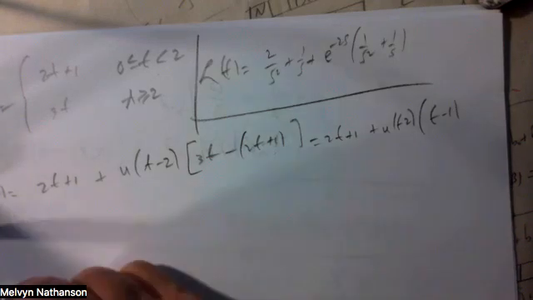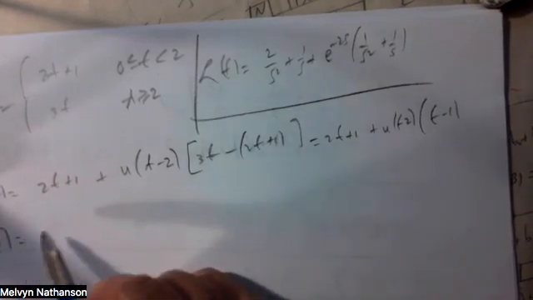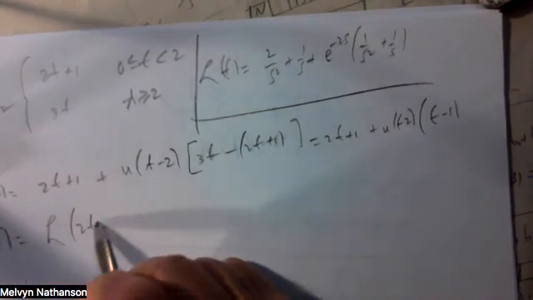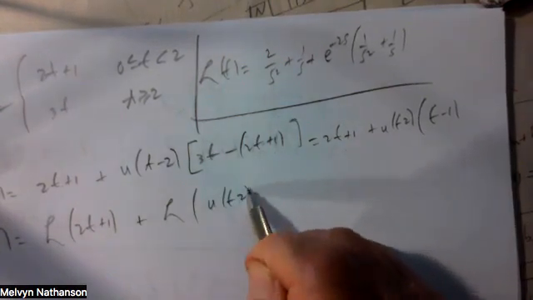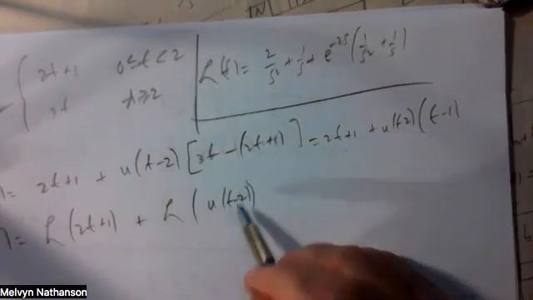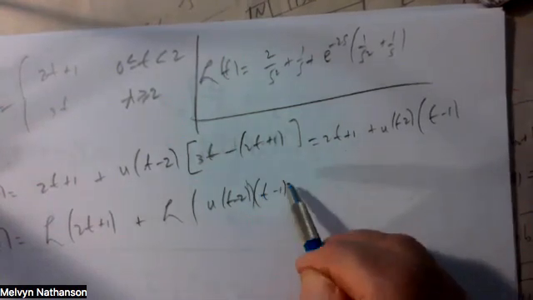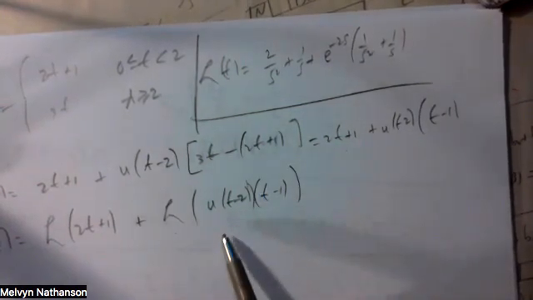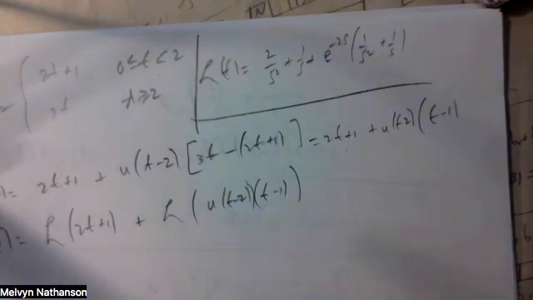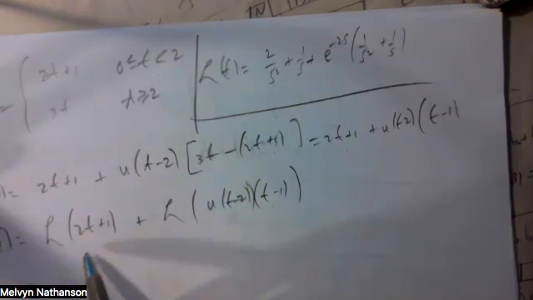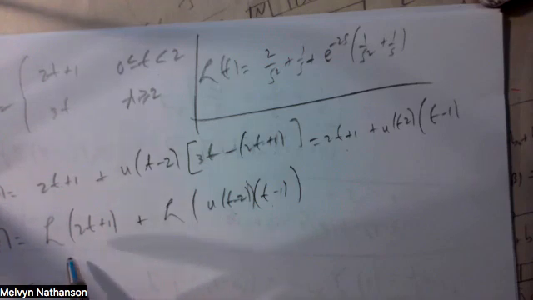So the Laplace transform of f is the Laplace transform of 2t plus 1 plus the Laplace transform of u of t minus 2 times t minus 1. The Laplace transform of 2t is 2 over s squared.